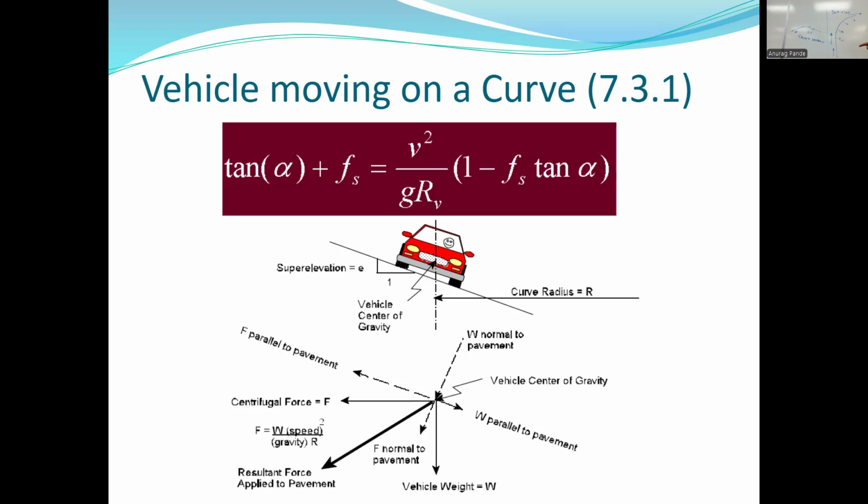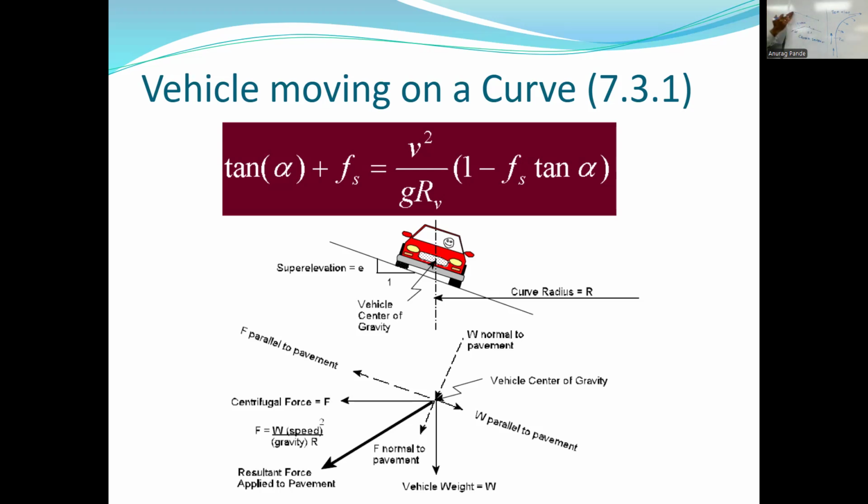Now, to be able to do this, on a curved section, that's why this crown section doesn't work. Sometimes you require more than 2% slope. So what you will find is on a horizontal curve like this, you don't provide a crown section, but instead you provide a super elevated section. So this is a section that's super elevated, and this is the center line of the road. And then you raise the outer edge of the pavement, and the curve is going this way.